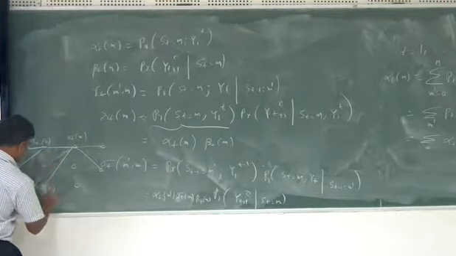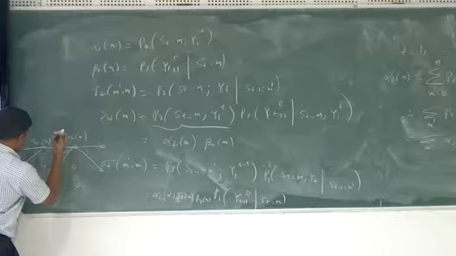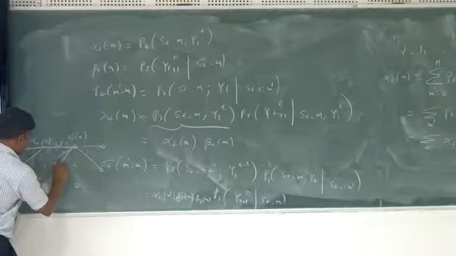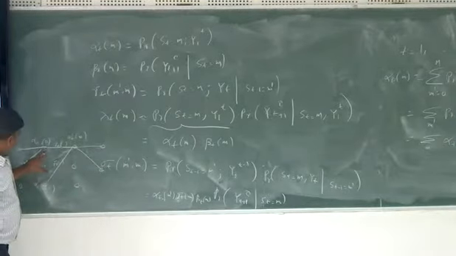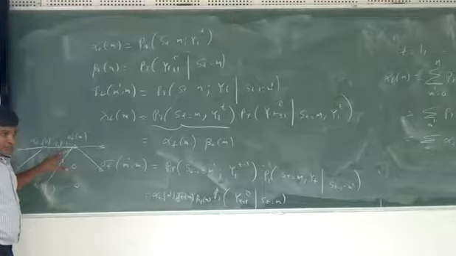go 1, 2. Or whatever this, okay? Take whatever metric has been recursively computed. You take this metric, multiply with the transition metric.